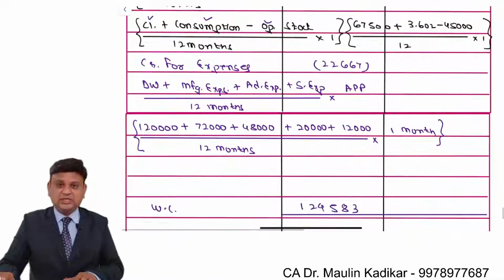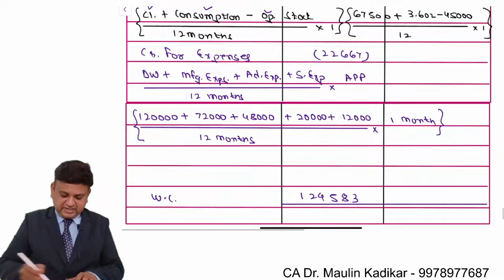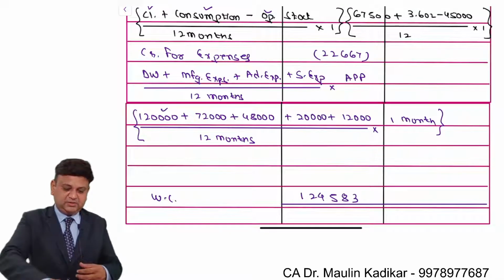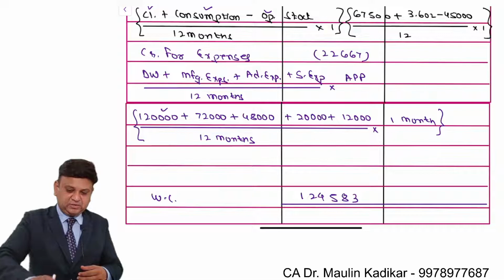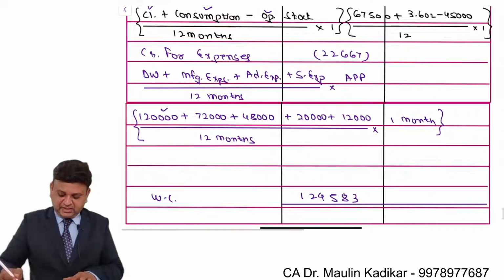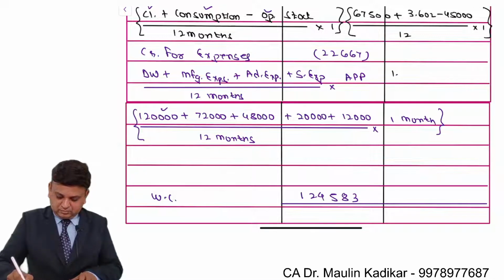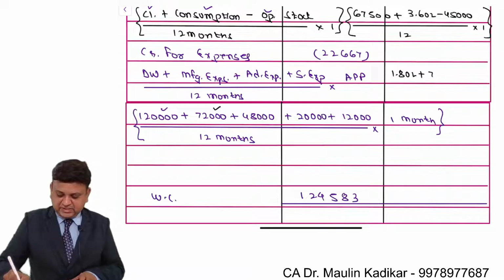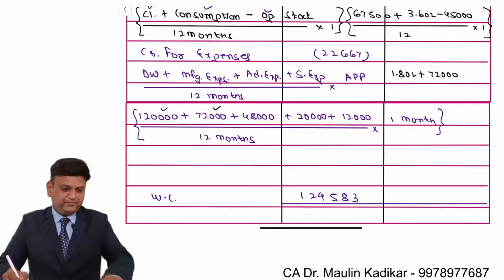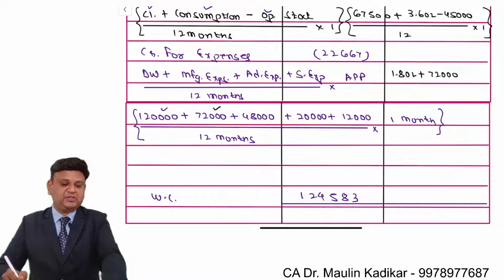Okay. Creditors for expenses. In that, first of all the direct wages. It is 20 into 9,000, that is 1,80,000, plus 72,000 as it is, that is the fixed manufacturing expenses, 6 into 12,000.